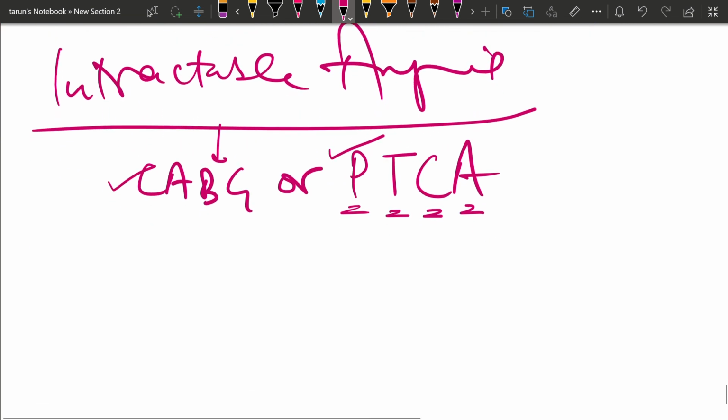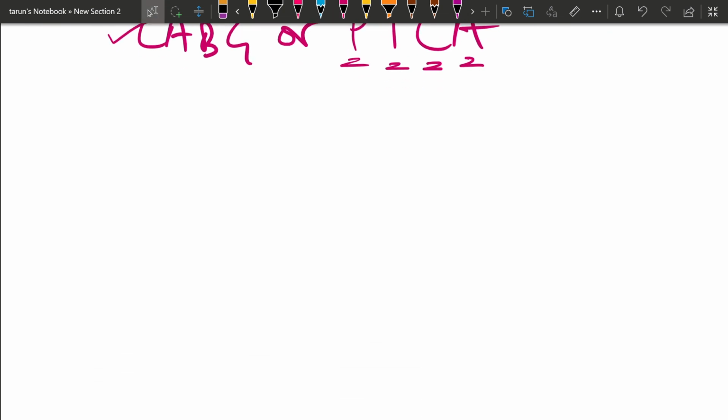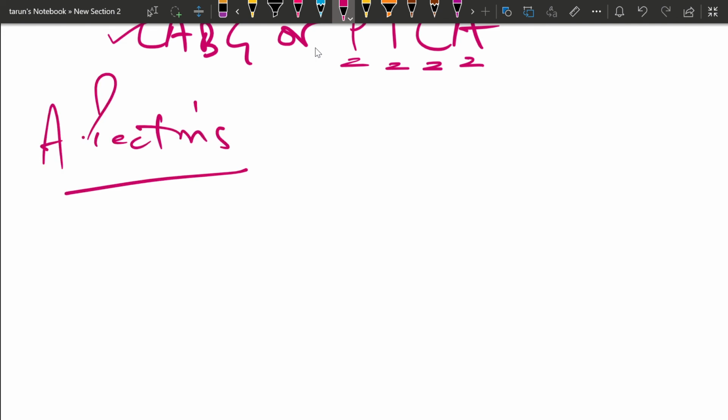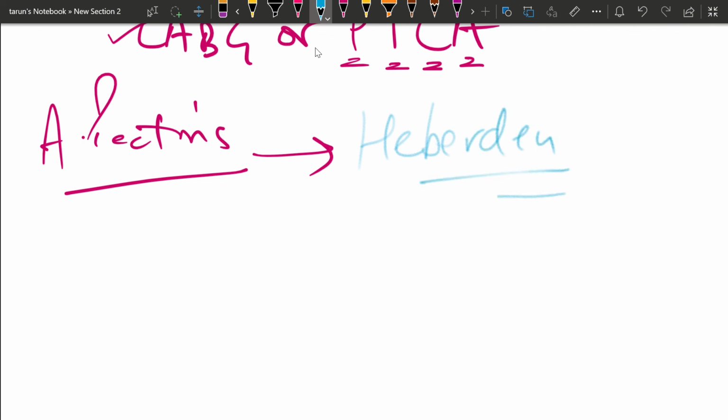Now a few more points about the management. Who first described angina pectoris? Anyone? Angina pectoris was first described by Heberden in 1772.